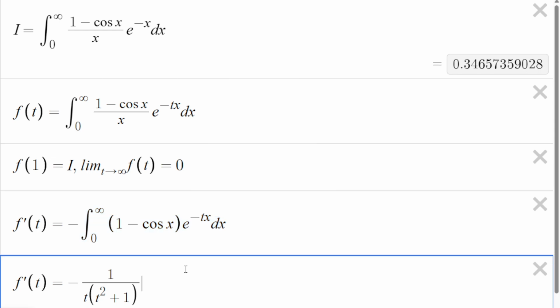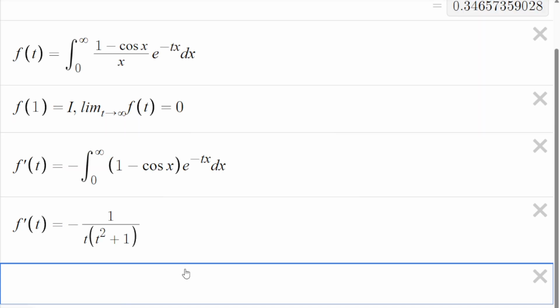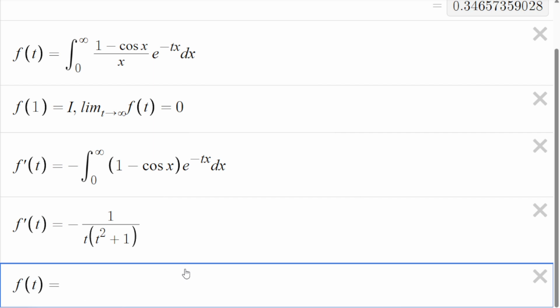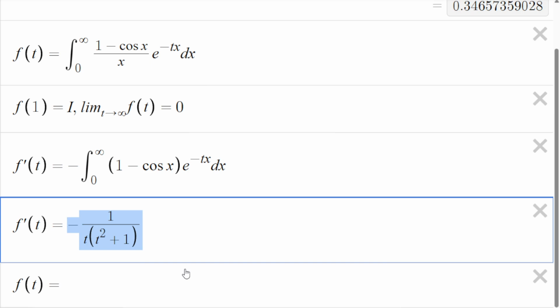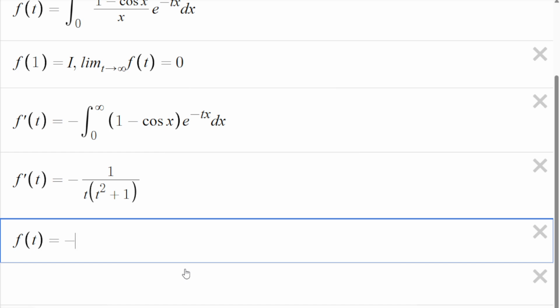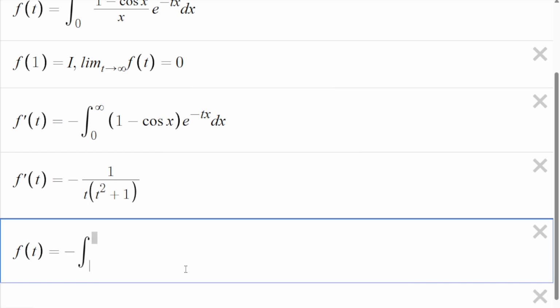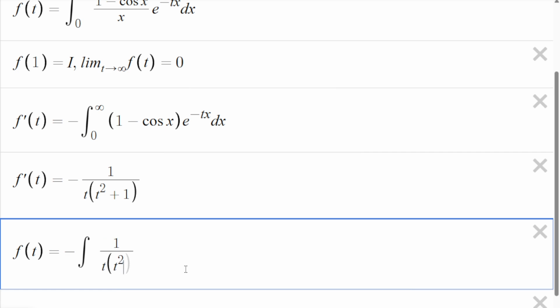But that is what we end up getting. Okay, so now we have f prime of t, but we don't want f prime of t, we want f of t. So we have to integrate back. So f of t is just going to be the antiderivative with respect to t of f prime of t. In other words, it's going to be negative indefinite integral of 1 over t times t squared plus 1 dt.